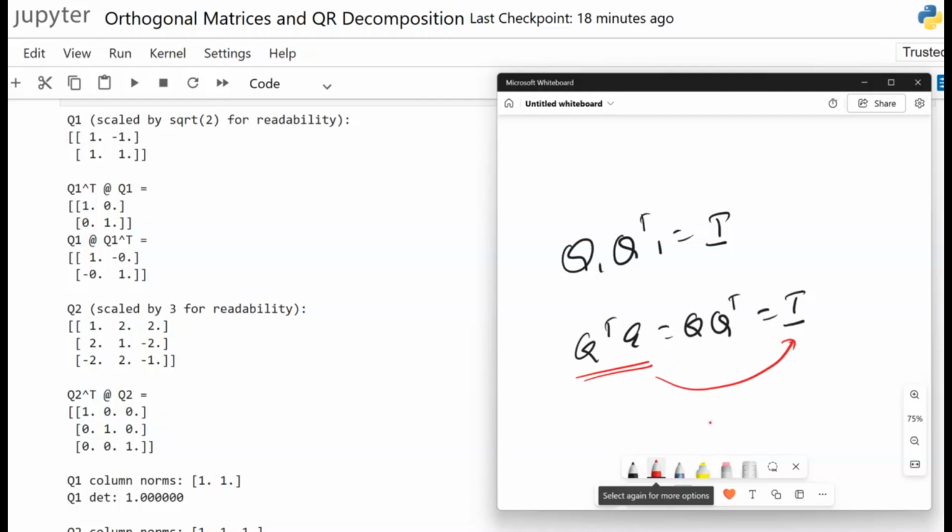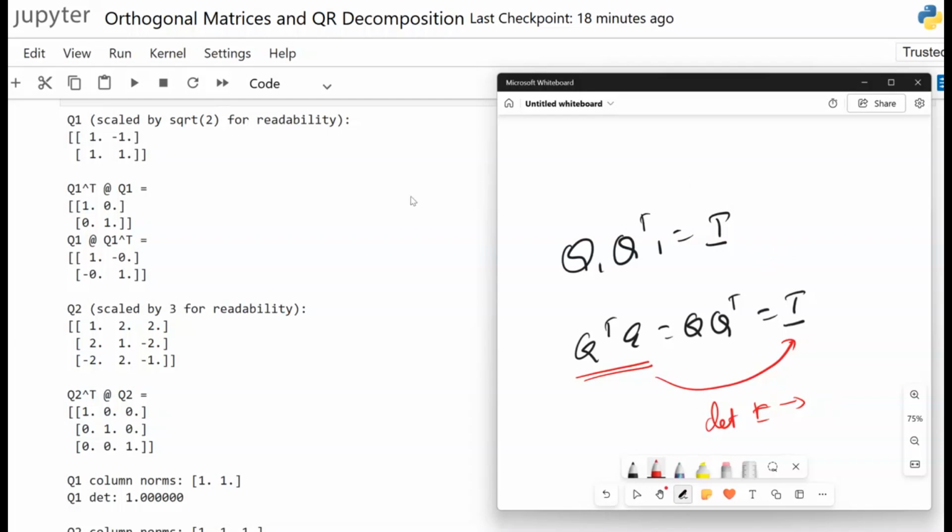And here again the determinant is plus or minus 1, which means if it is plus 1, it is a rotation, that is no axis flipping. And if the determinant is minus 1, it means a reflection, where orthogonal matrices preserve length and angles. They are the rigid body transformations of linear algebra.